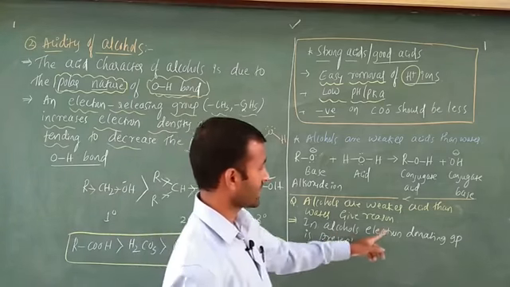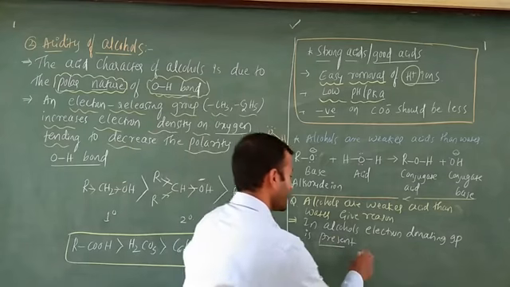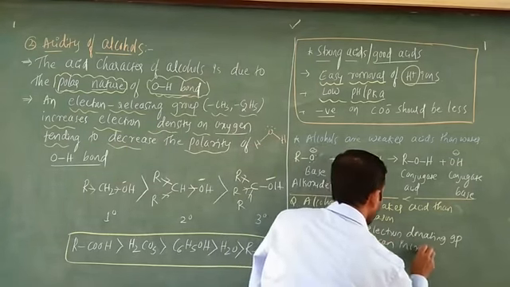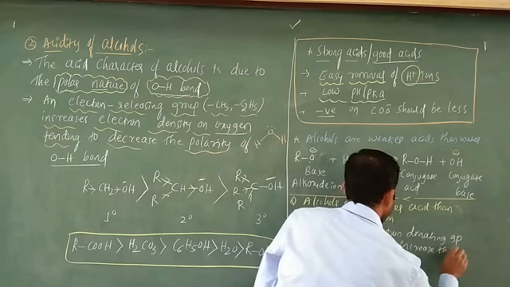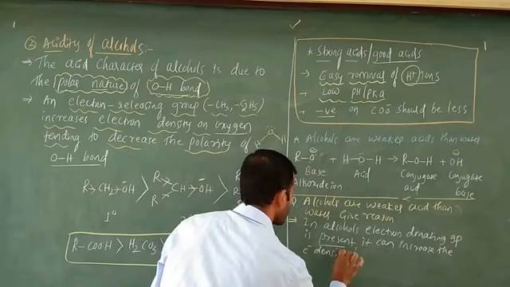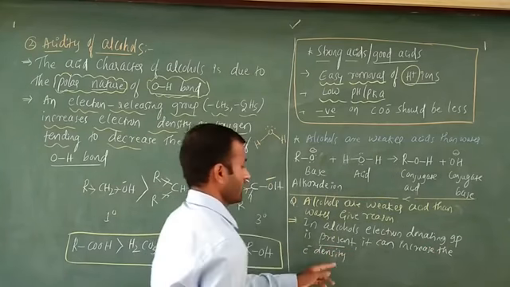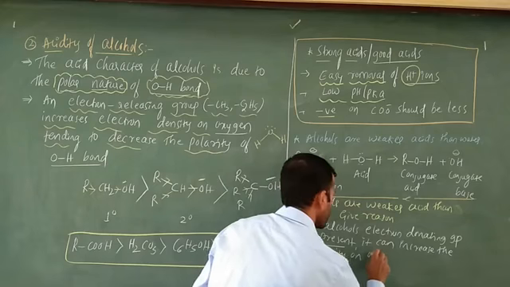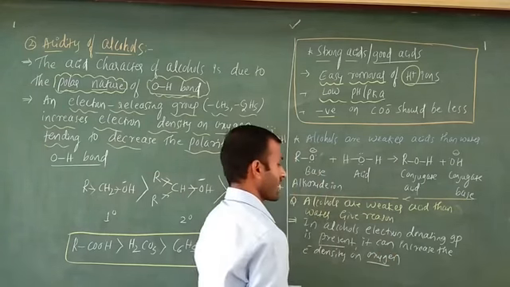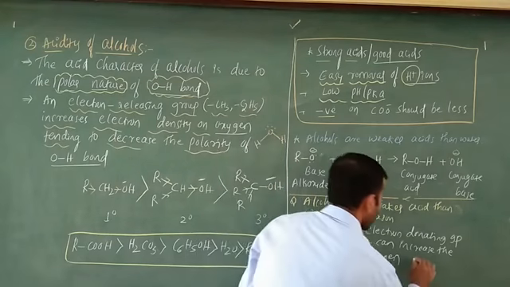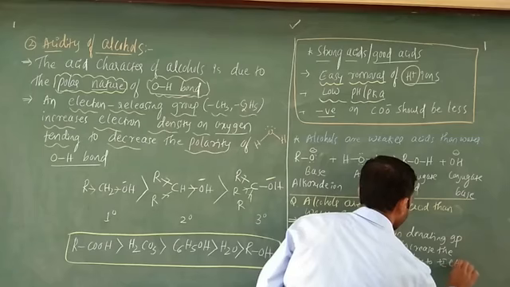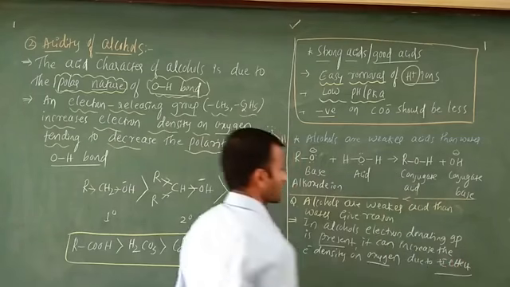In alcohols the electron donating group is present, it can increase the electron density on oxygen due to plus I effect. Okay, due to plus I effect.